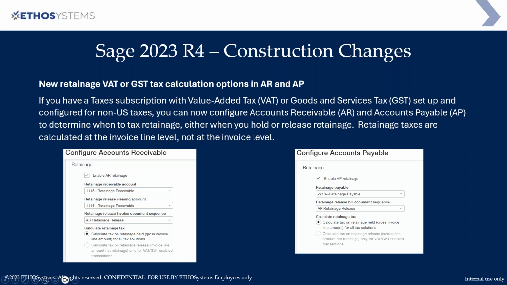You'll see two new boxes, one under accounts payable and one under accounts receivable, and that will let you calculate tax on retainage release. Again, only for VAT and GST enabled transactions, this is going to be really important for those in Canada to make sure that is checked on. For those in the United States, there's nothing you need to do. It will default to the way it was before.